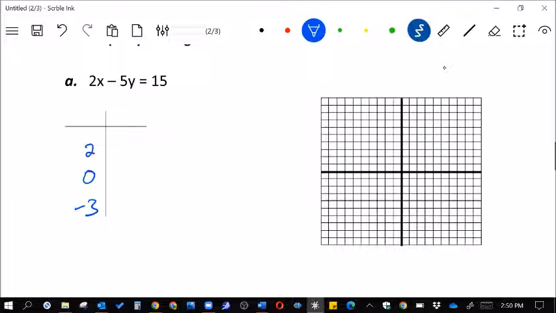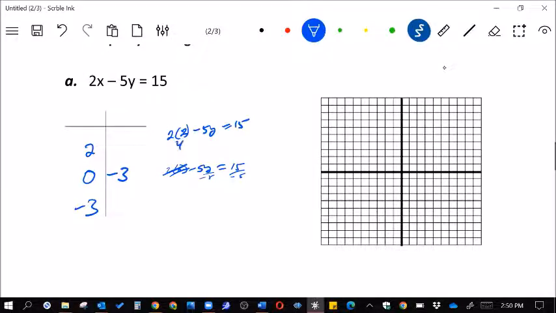So now, if I put first the 0 in for x, that means it's 2 times 0 minus 5y equals 15. Divide by the negative 5, because that's 0 down. It's negative 3 for this. Now on the top one, I'll do 2 times 2 minus 5y equals 15.